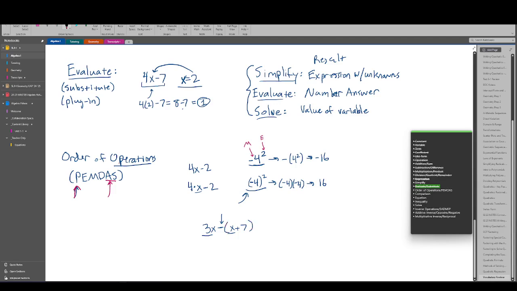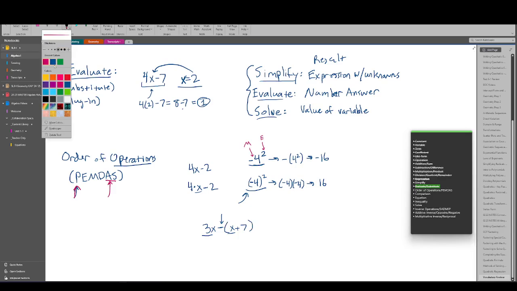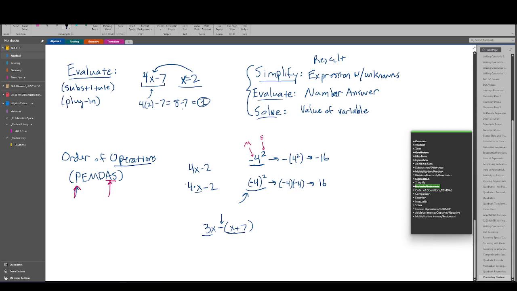So in order to work this out, I would have to follow the order of operations. First, I would try to do anything inside the parentheses. x plus 7 can't be simplified, so I'd leave that alone. But then this minus is a multiplication operation that is acting on this parentheses. To get rid of that, we do what we looked at earlier, which is distributing it.